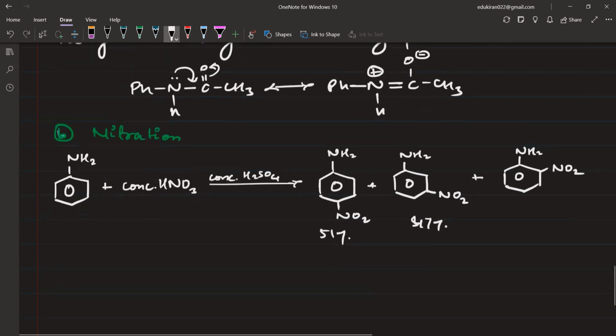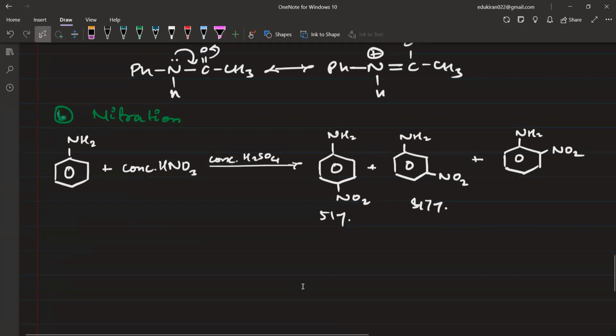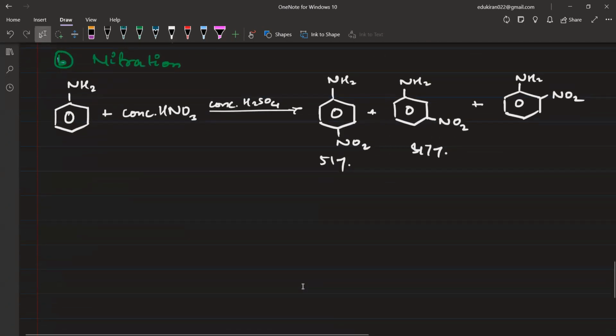Now, why does this happen? It is very important to look at the reagent. The reagent here is HNO3. If you have HNO3, this will have a lot of H plus ions, right? Because of HNO3 and concentrated H2SO4, there will be a lot of H plus ions surrounding the aniline. And in aniline, we have the lone pair of electrons.